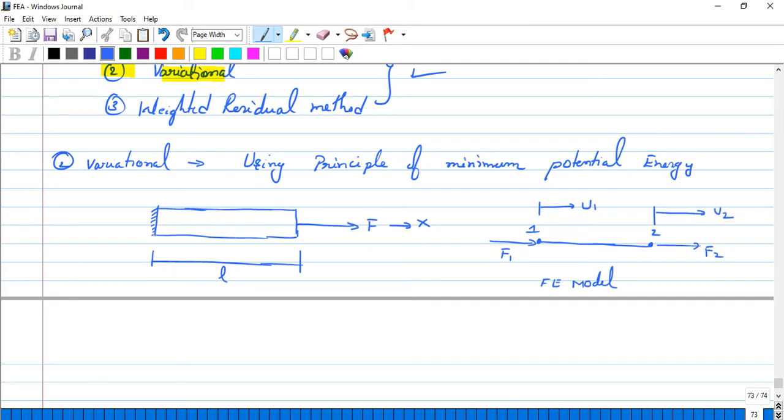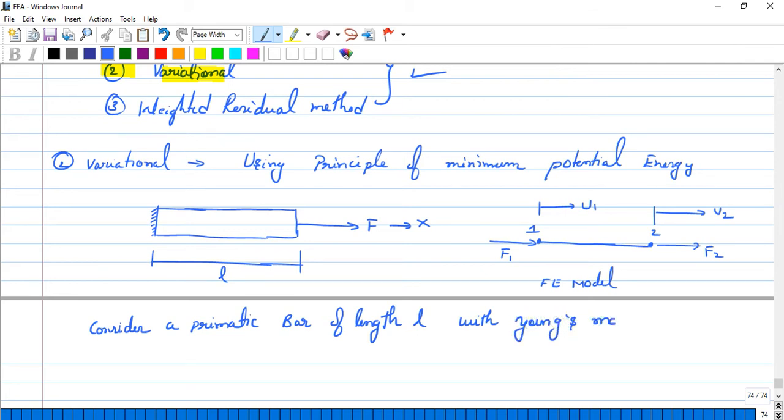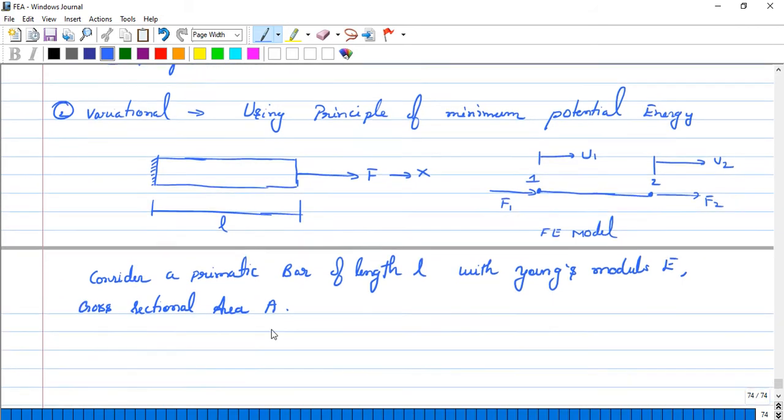Here it is a prismatic bar of length L with Young's modulus E and cross-sectional area A. So let us consider a prismatic bar of length L, with Young's modulus given by E and cross-sectional area represented by A. We can see that it is fixed at one end and subjected to an axial force F on the other end.